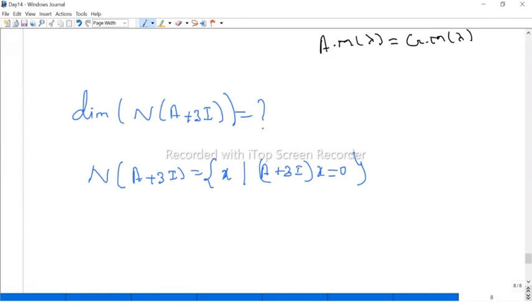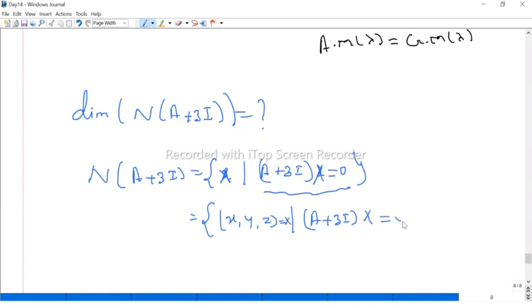But here A is a 3 by 3 matrix. Therefore, take capital X, which may be x, y, z or x1, x2, x3. You can take anything. Now we have to solve the system. So X contains x, y, z such that (A plus 3I) times capital X equals 0.